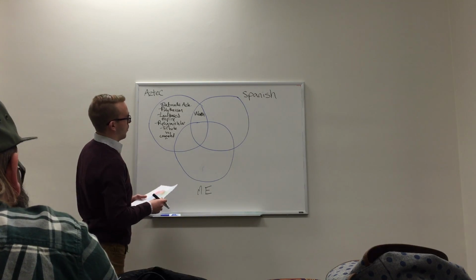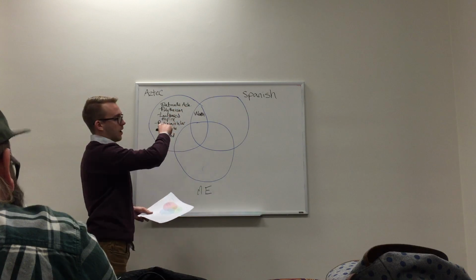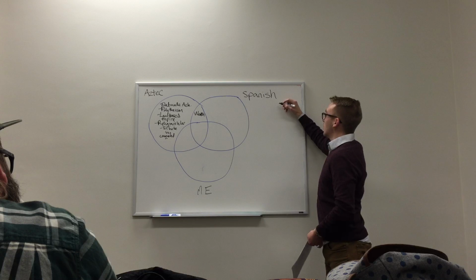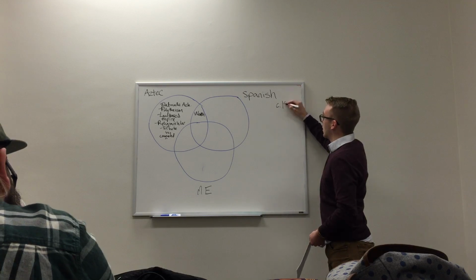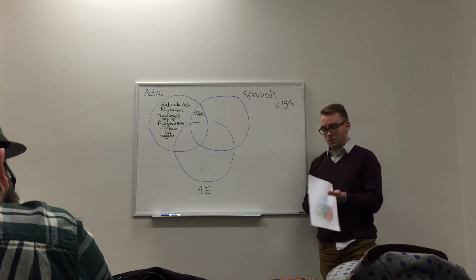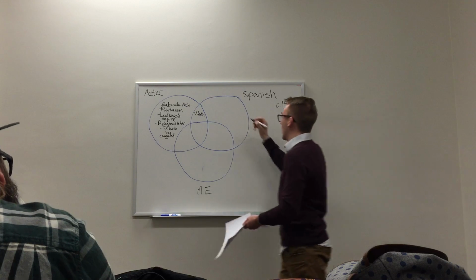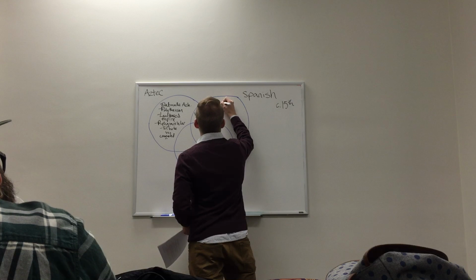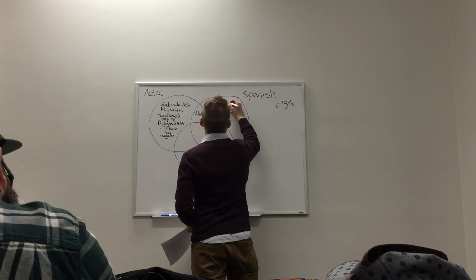All right, so I'll switch over to the Spanish side here now. Do we know anything about the Spanish, roughly circa 15th century? They're Catholic. Catholic, very good. So I'm going to put Catholic up here, slash monotheistic, right?